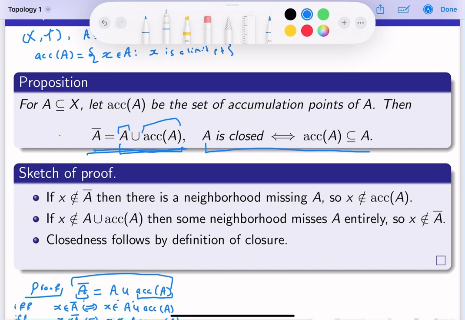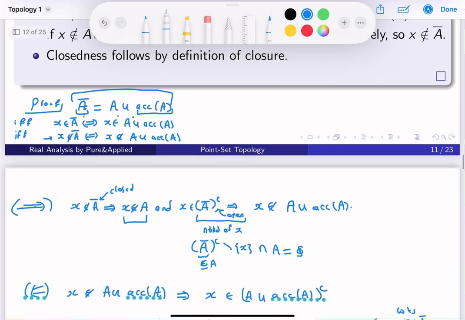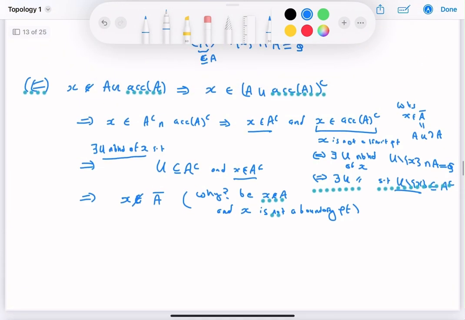And this fact is now trivial if we want to show that A is closed if and only if the accumulation set of A is in A. In other words, A contains its limit points.